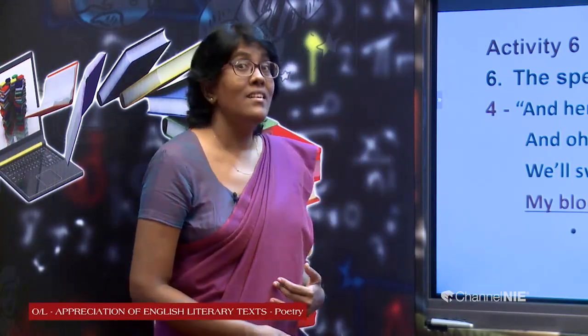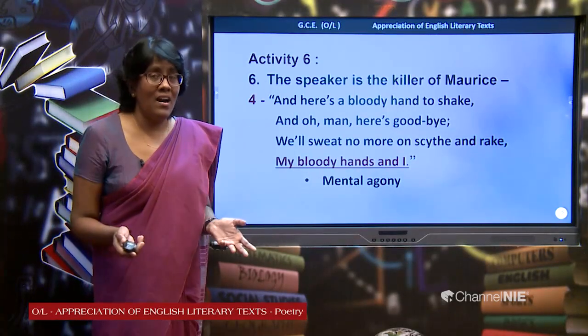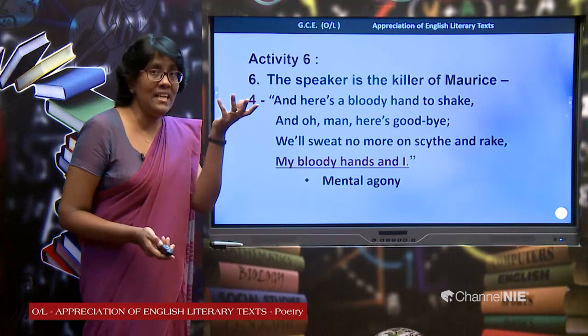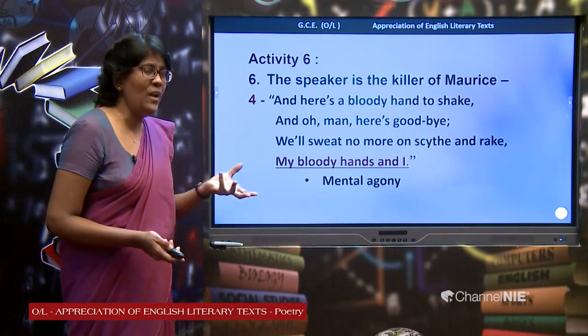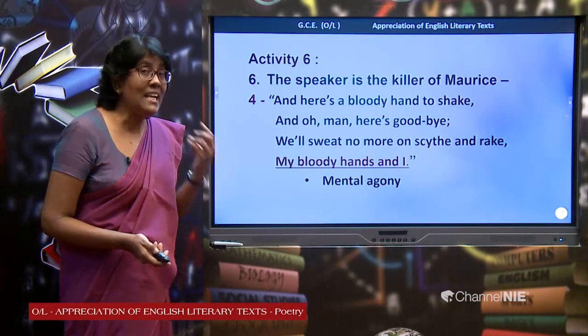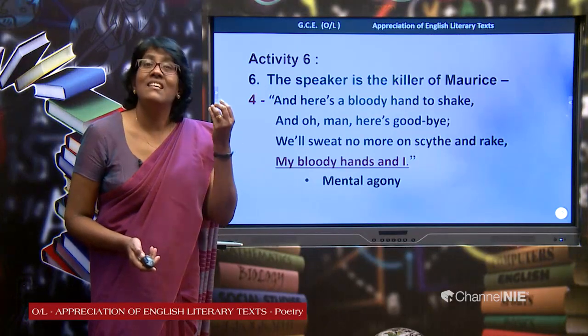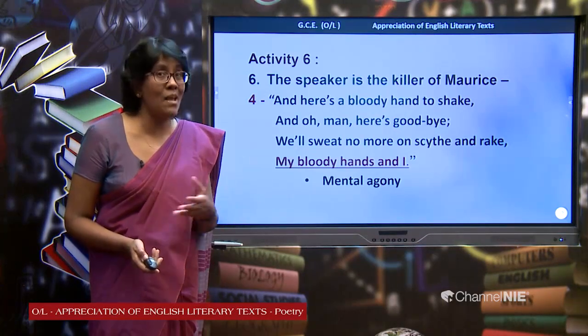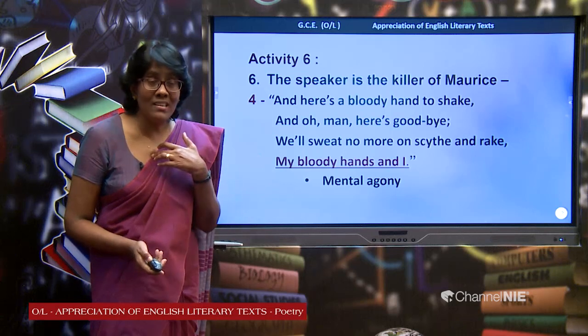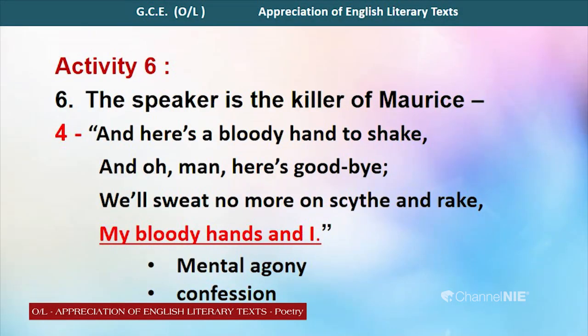Well, you can clearly understand the trauma inside him, the mental agony, the painful experience after doing that particular crime, maybe on a sudden impulse, but he cannot escape from his own consciousness. His confession can be seen in these lines.